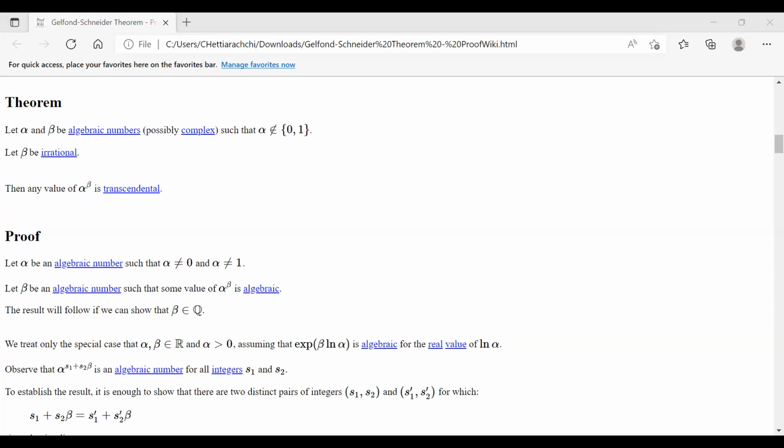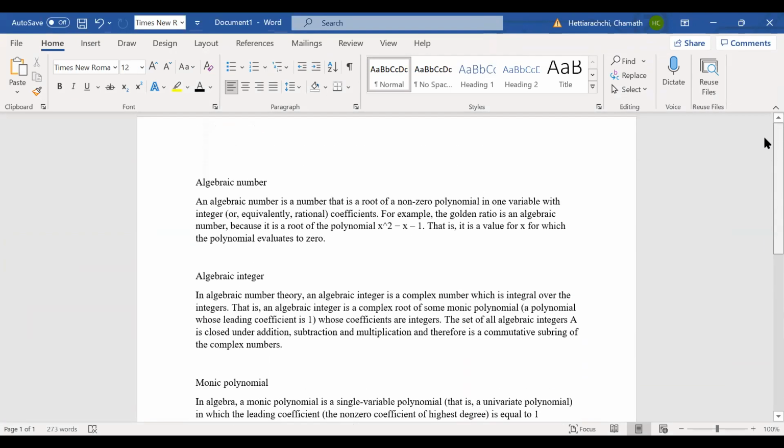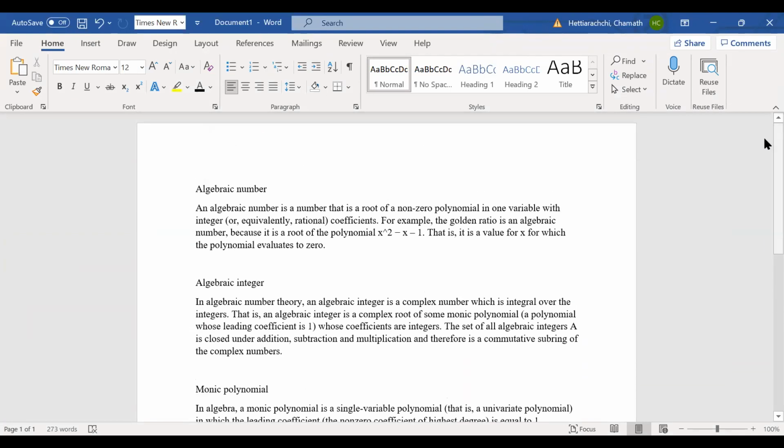This is what algebraic number means. An algebraic number is a number which is a root of a non-zero polynomial in one variable with integer or equivalently rational coefficients.